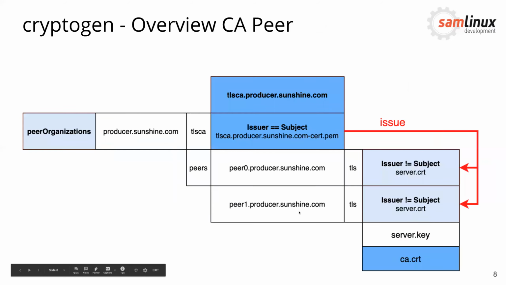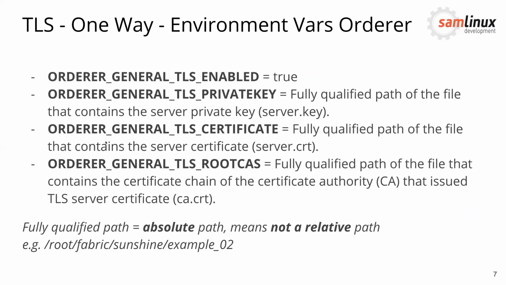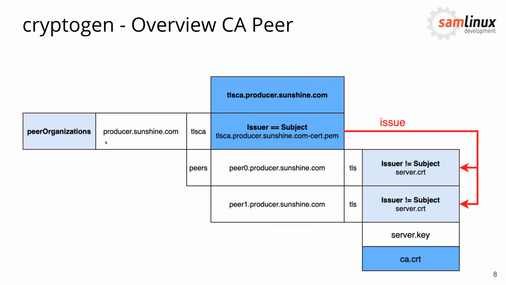And when it comes to the peer, in the peer scenario, we have the same structure. So we have the orderer organization, and then on the same level we have peer organizations. In the peer organization, we have the producer sunshine.com organization, and that's the same structure. So we also have a TLS CA here, TLS CA producer sunshine.com.